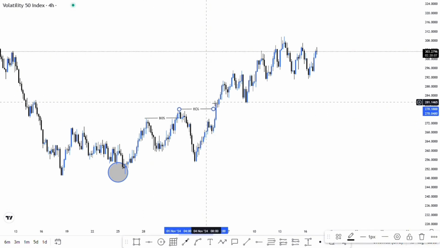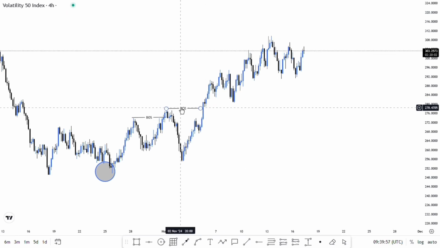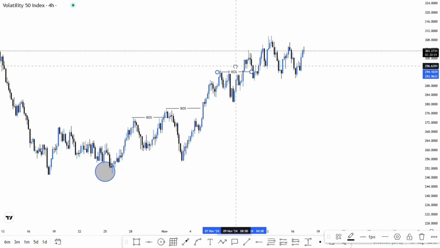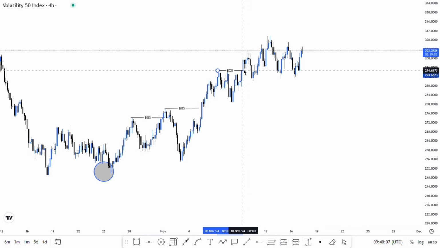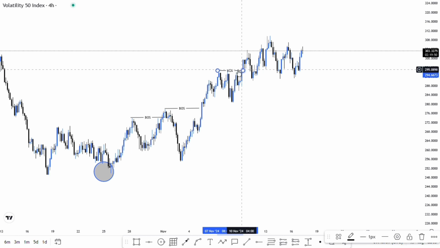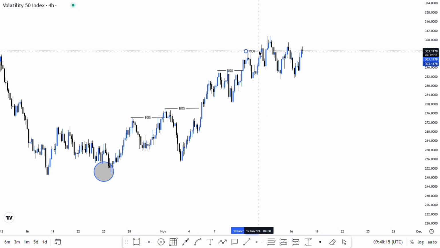Let's identify another break of structure. Well, let's get our recent break of structure, which we have right there at this point.